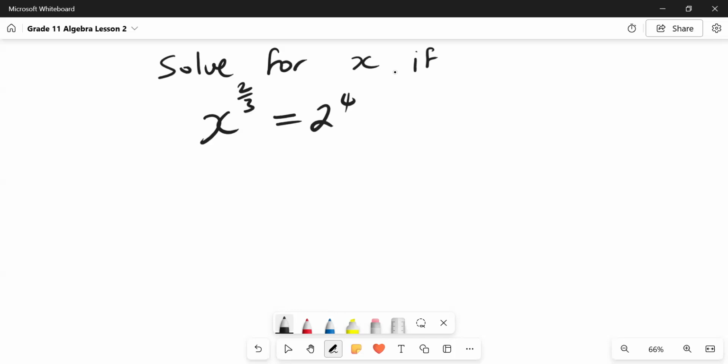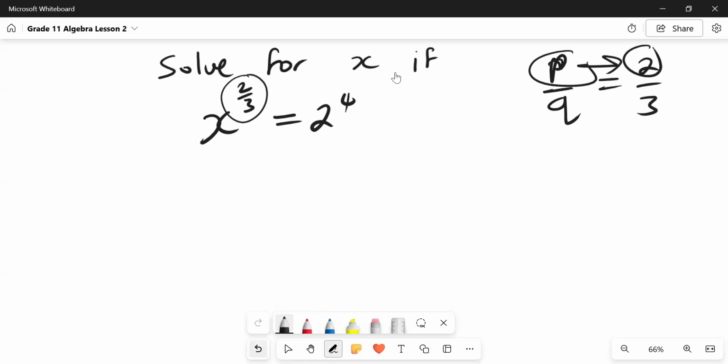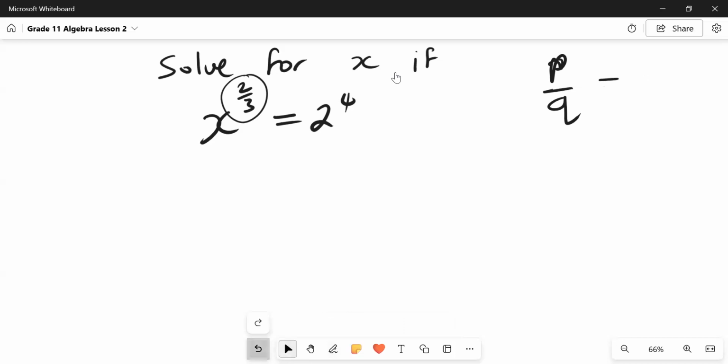It's not a problem. Before we start, we take this fraction, that's P over Q. This is 2 over 3. But your P is an even number, which means we need to have two solutions, right?